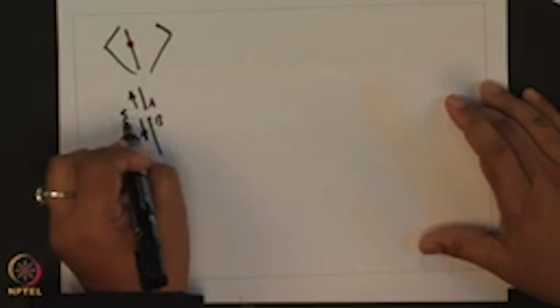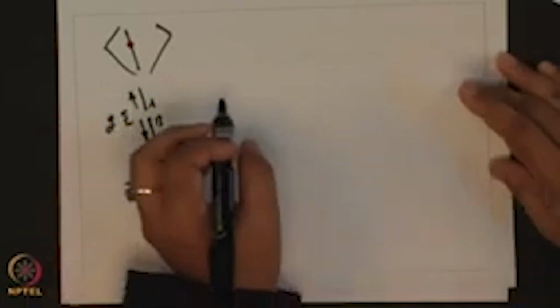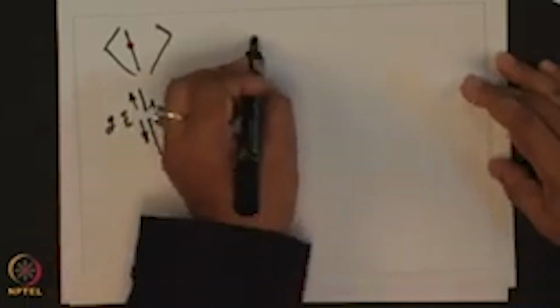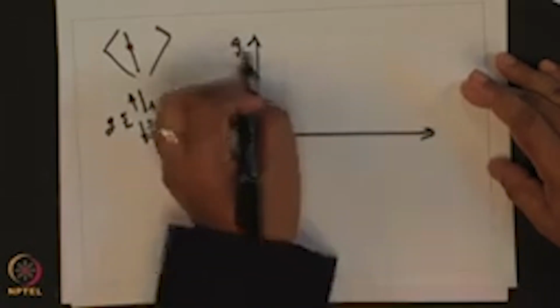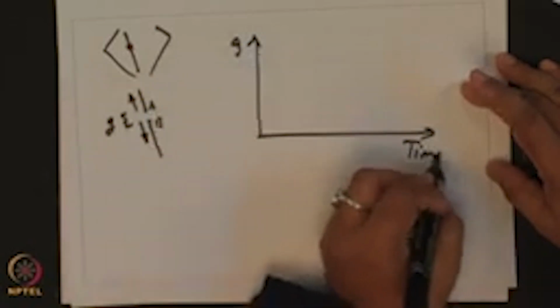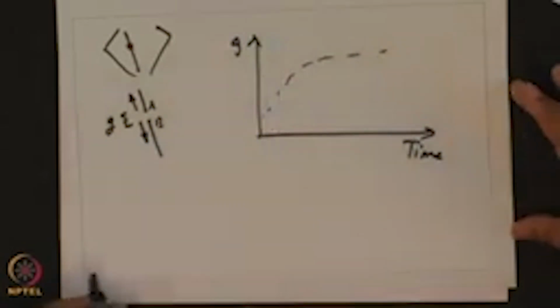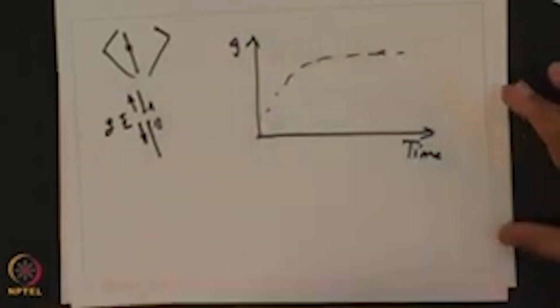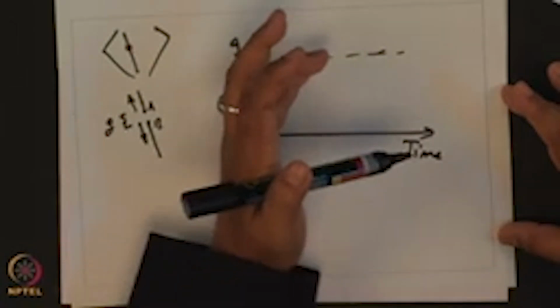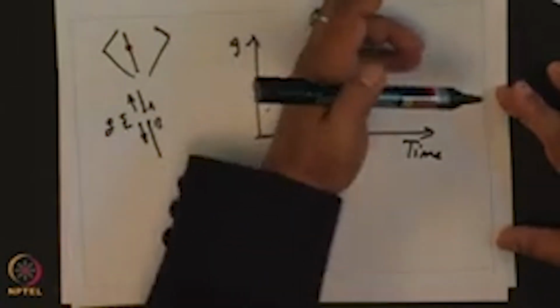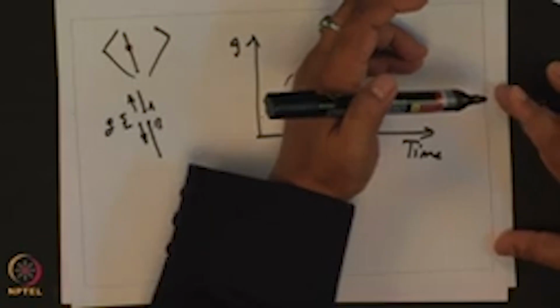If I track the gap G as a function of time, it exhibits a saturation profile like this. There is an instantaneous increase in gap and then it slows down to some eventual value.